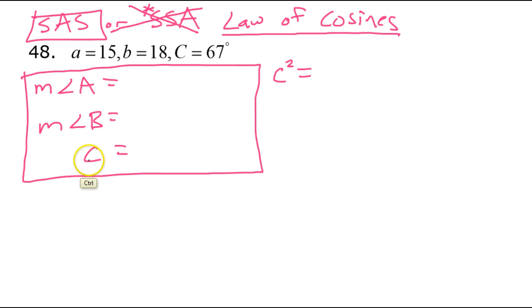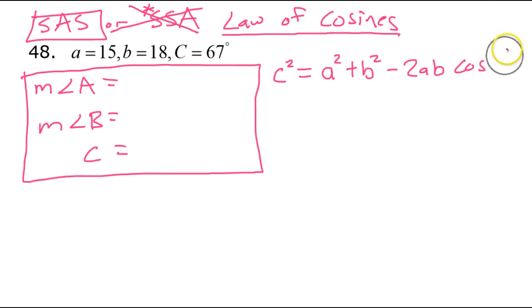So if I start with side C, then it goes c squared is equal to a squared plus b squared, all right, which is the Pythagorean theorem if this were a right triangle. But then because it's not a right triangle, we go minus 2ab cosine of angle C.